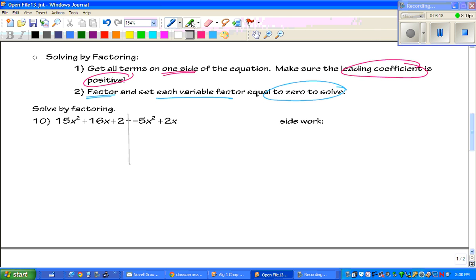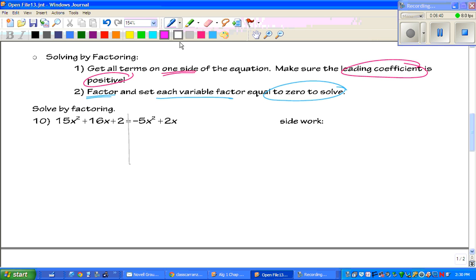So, for number 10, my leading coefficient is the one with the highest exponent, and I want it to stay positive. So, if I were to subtract 15x squared from both sides, that would be negative 20x squared, and we don't want that. Okay?